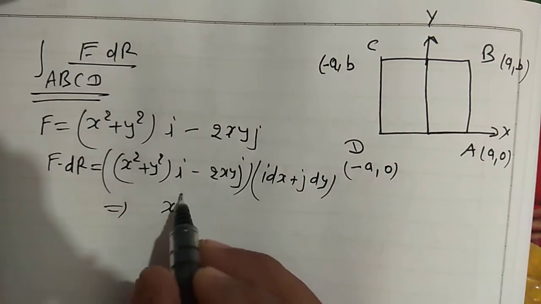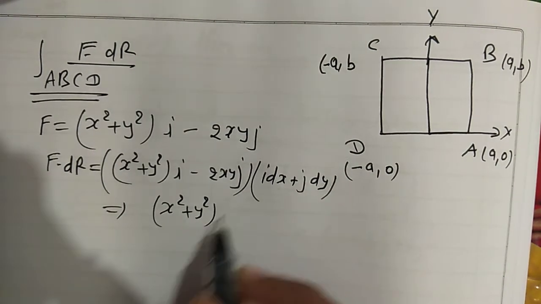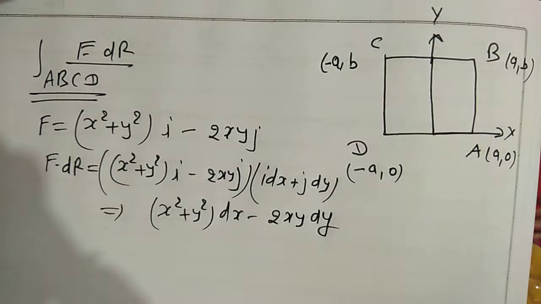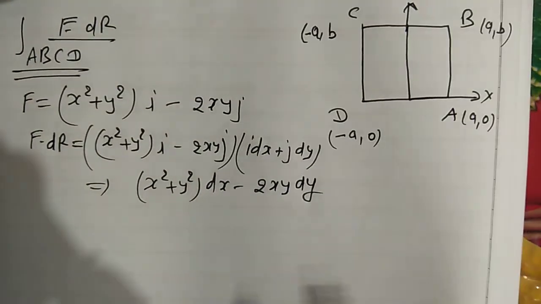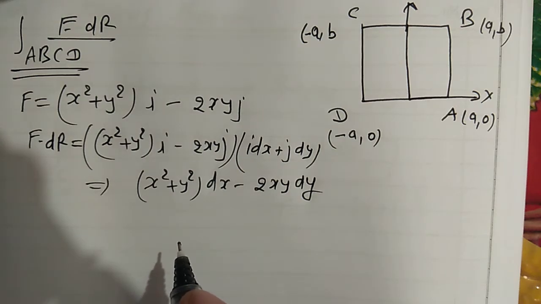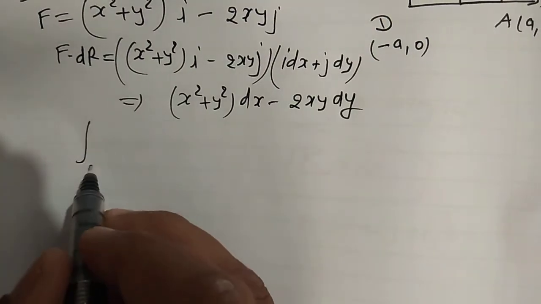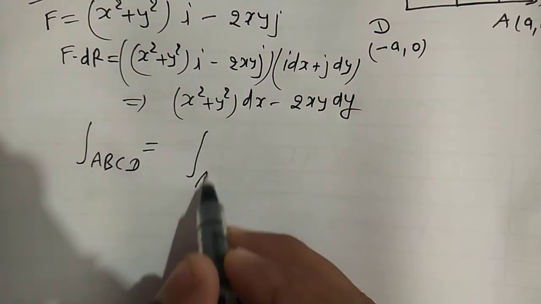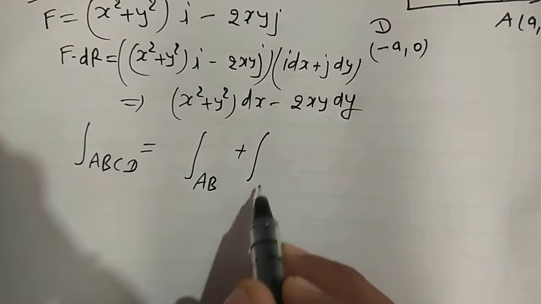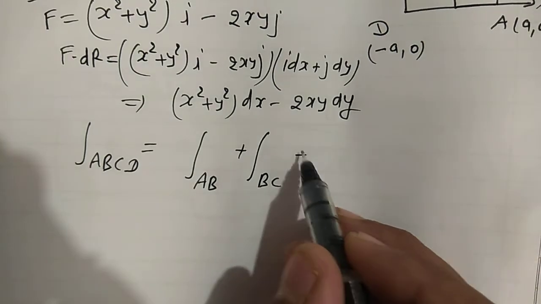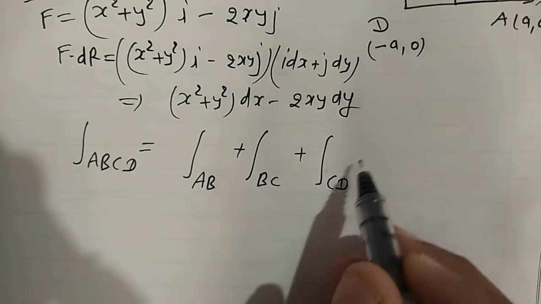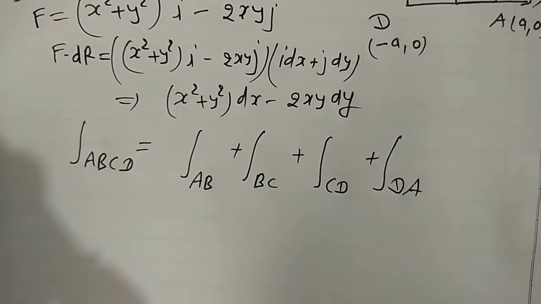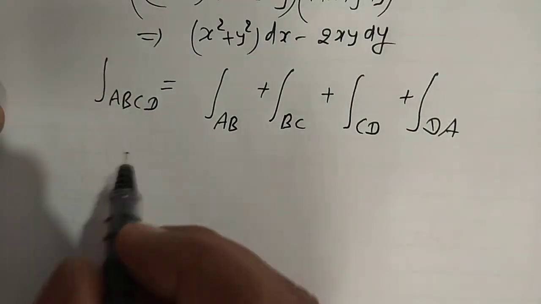So this will be (x square plus y square) dx minus 2xy dy. Fine. Now the integral along ABCD equals the integral along AB plus BC plus CD plus DA. So you have to find the four integrals. So let us see one by one.